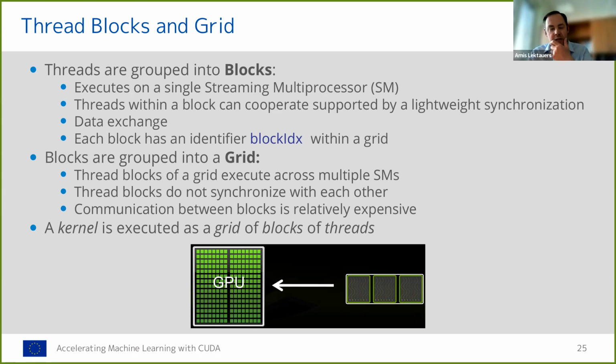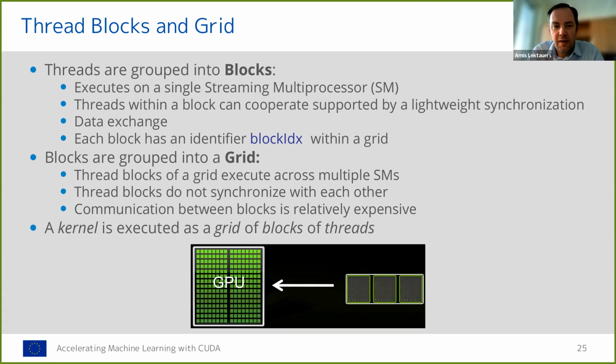It is very important that not only threads are used, but threads are grouped into blocks. It is a foundational part of CUDA. So threads are grouped into blocks, and physically, at any time moment, one block is executed by a specific streaming multiprocessor on the hardware side.